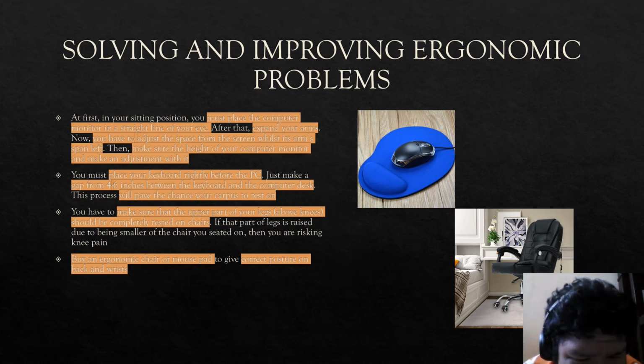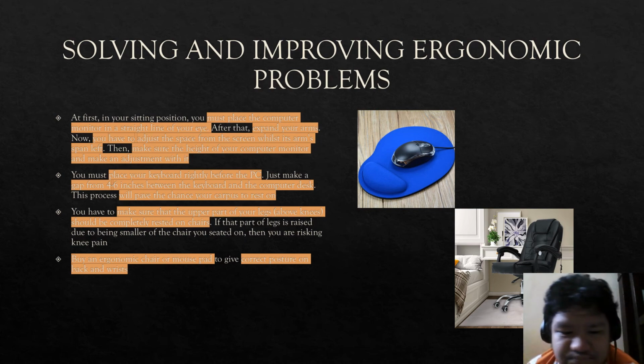You have to make sure the upper part of your legs above your knees is completely rested on the chair. If that part of your legs is raised because the chair you sit on is too small, then you are risking knee pain. Buy an ergonomic chair or ergonomic mouse pad to give the correct posture for your back and wrists.